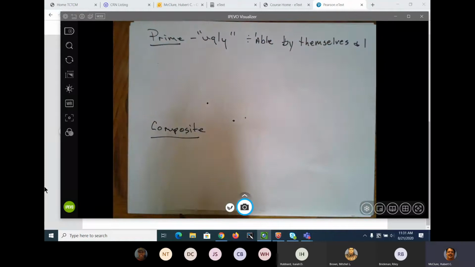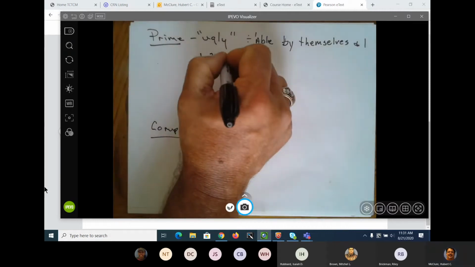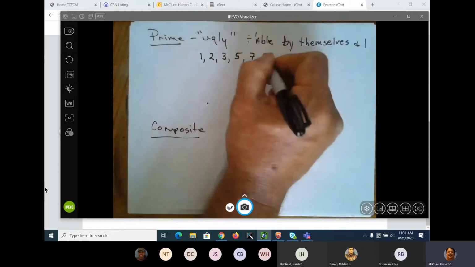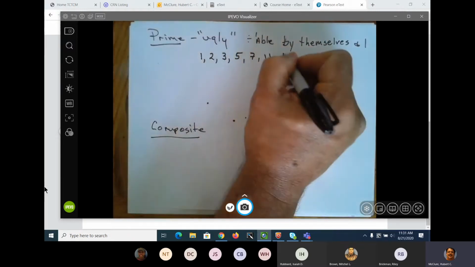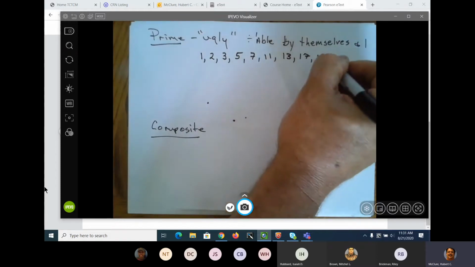Okay? They're only divisible by themselves and 1. So they're the numbers that aren't so pretty. So we'll go with 1, 2, 3, 5, 7, 11, 13, 17, 19, and so on.